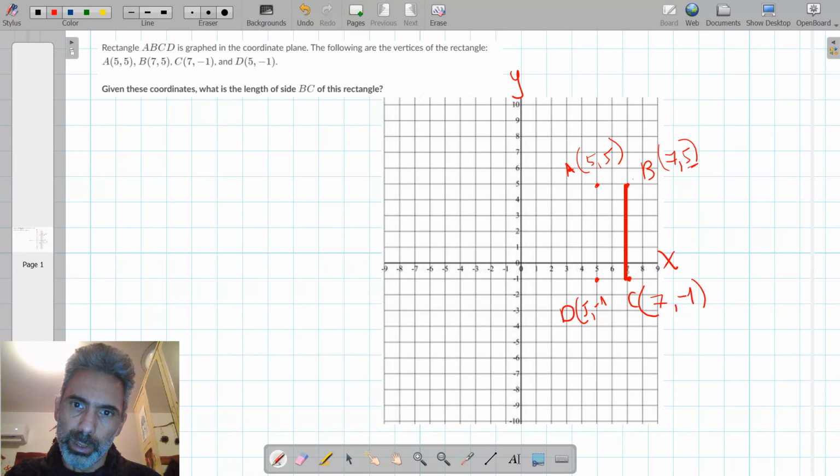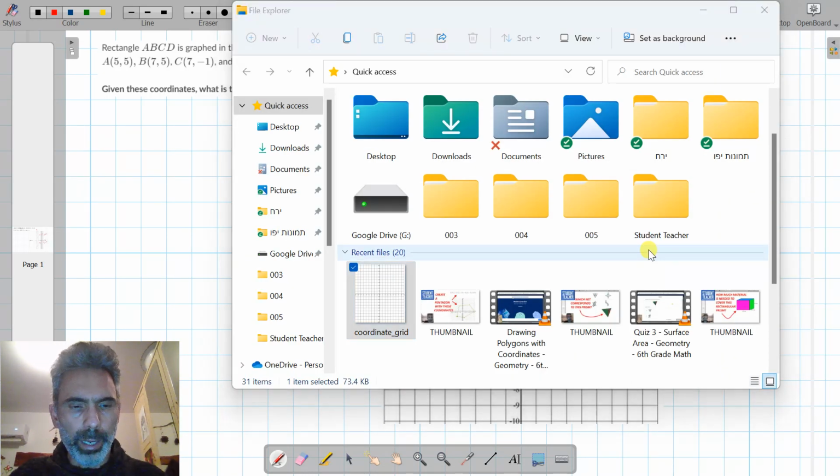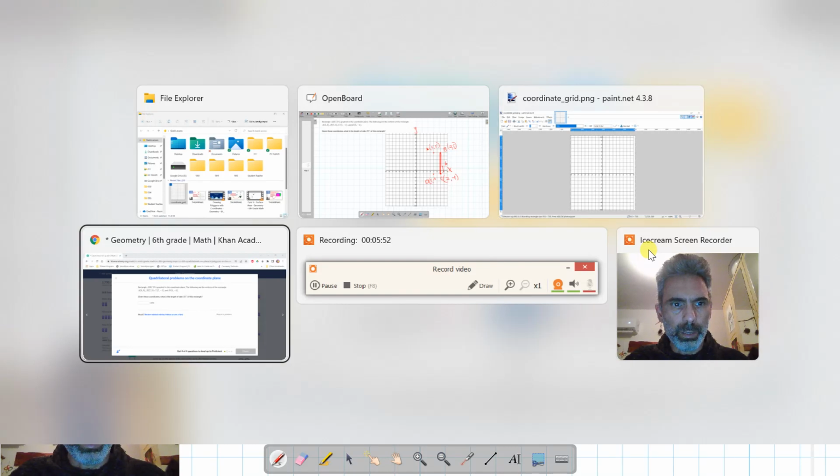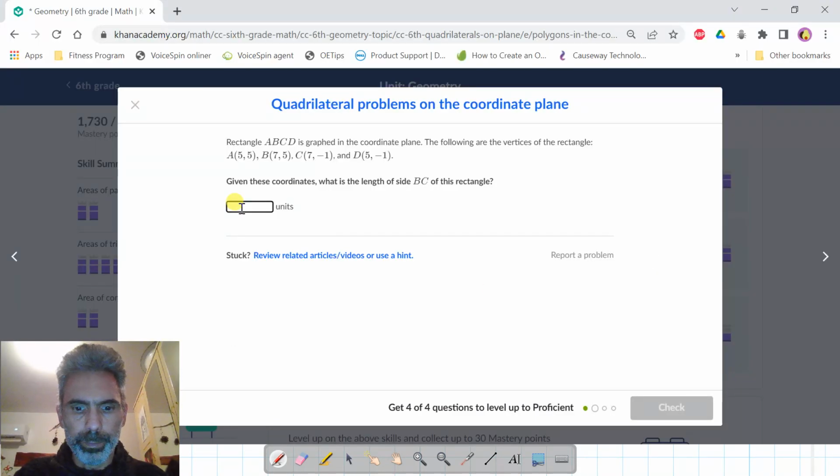So the total distance of this side is 6. This is the length of side BC, 6 units.